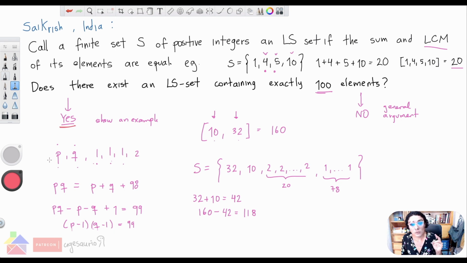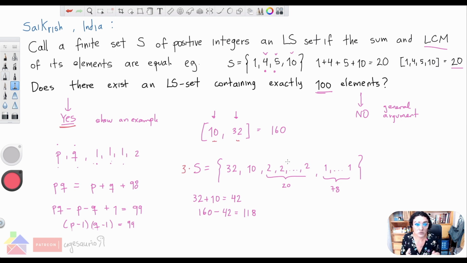And we could easily see that once you give one example, you have infinite examples, right? Because you could take S, in which every element is multiplied by the same prime number, or at least a number relatively prime to both your significant numbers. So we could do another set that is 3 times S, in which every element is multiplied by 3.